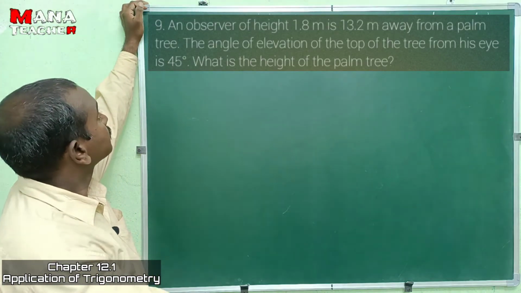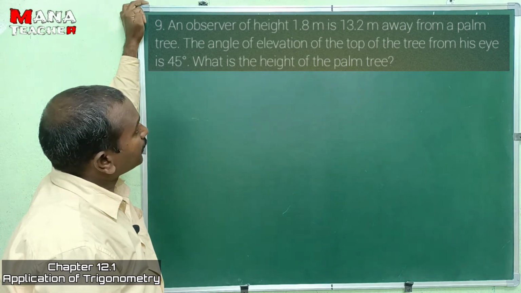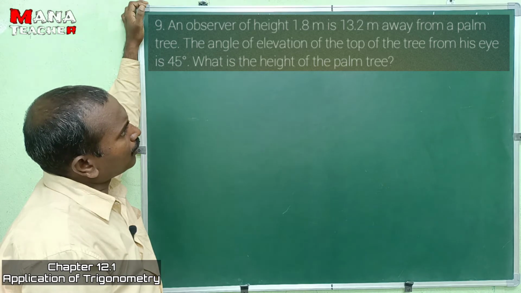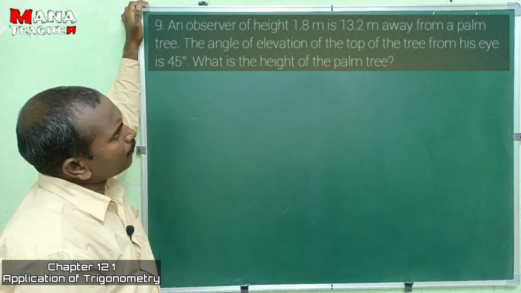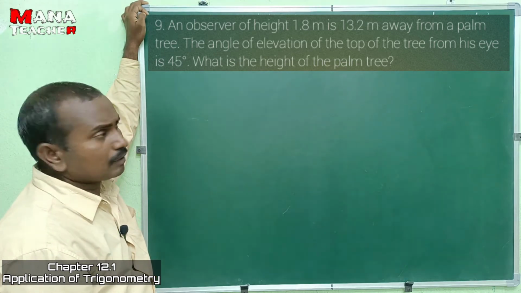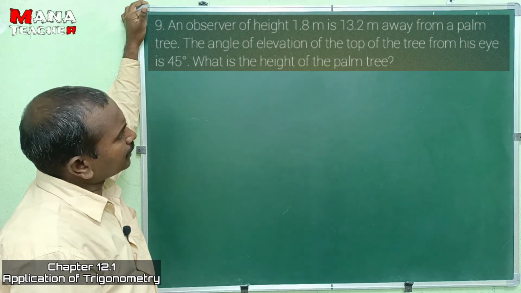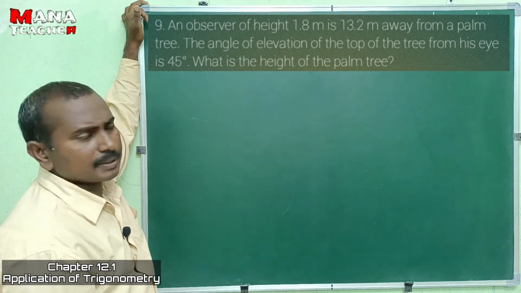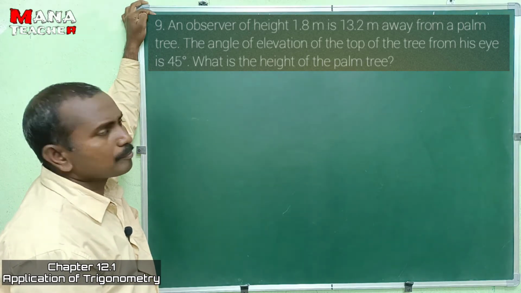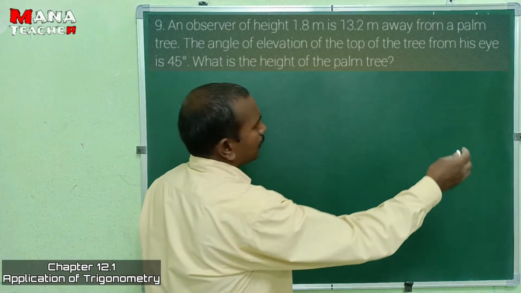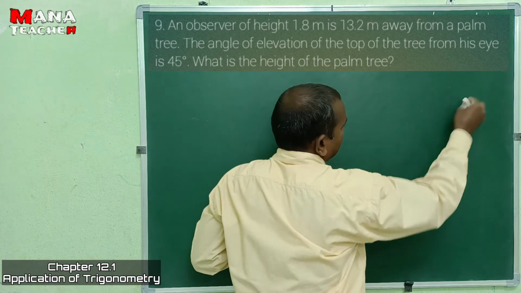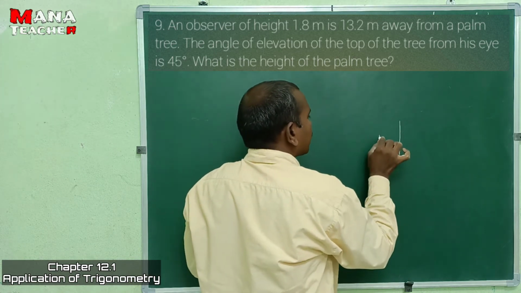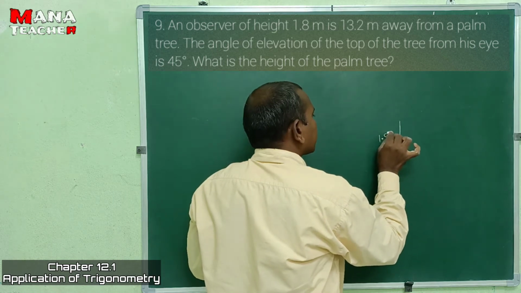Now, an observer of height 1.8 meters is 13.2 meters away from a palm tree. The angle of elevation of the top of the tree from his eyes is 45 degrees. What is the height of the palm tree? Here, this is the height of the person, 1.8 meters.